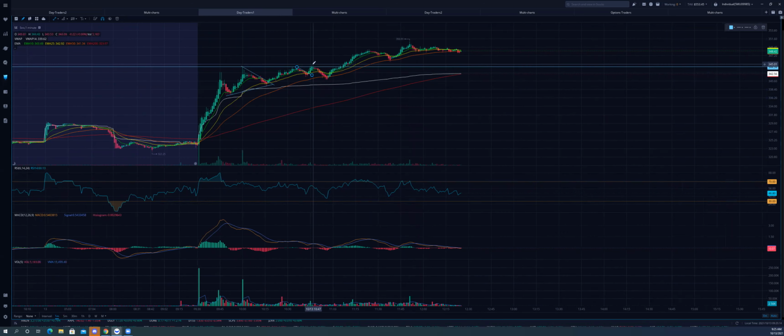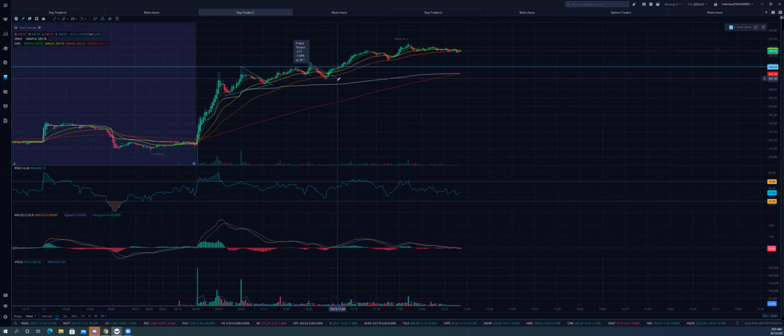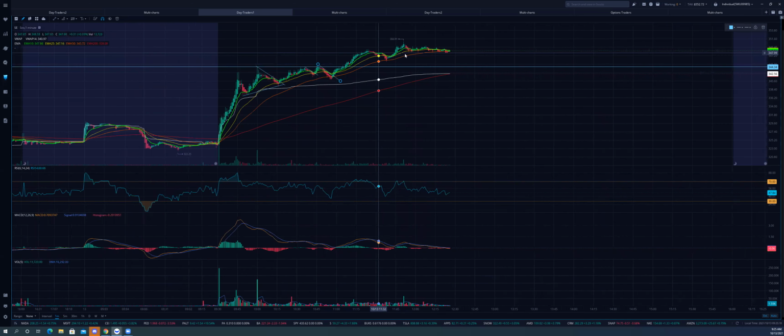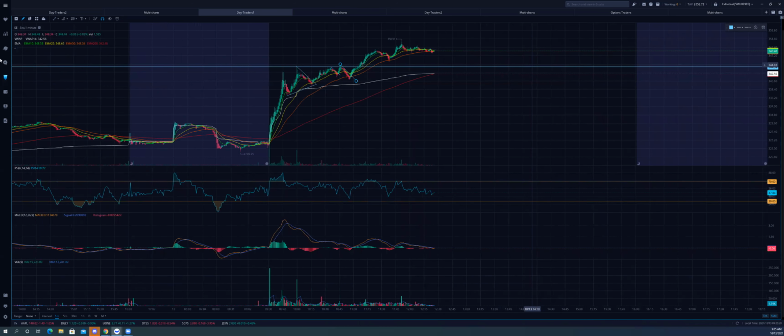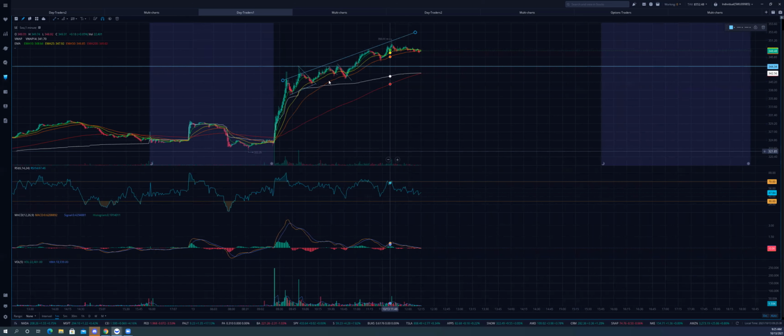And, you know, right here as well. And then another very important line that you want to draw is this line right here. You can take it from the wick, or you can take it from the body of the candle, like this right here. That line right there is telling us exactly where the stock is going to go before it pulls back.